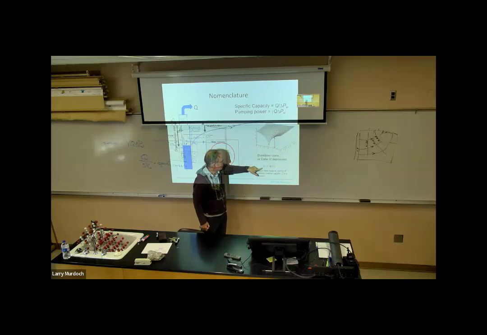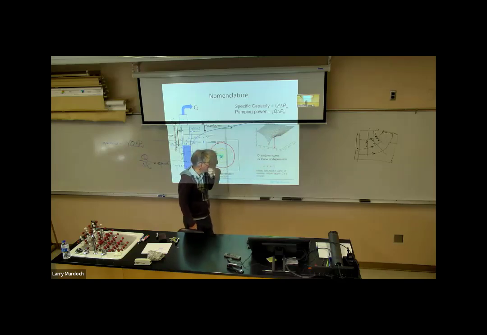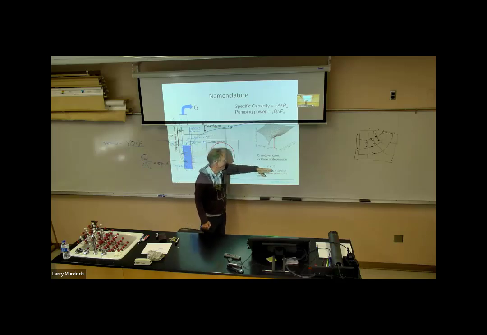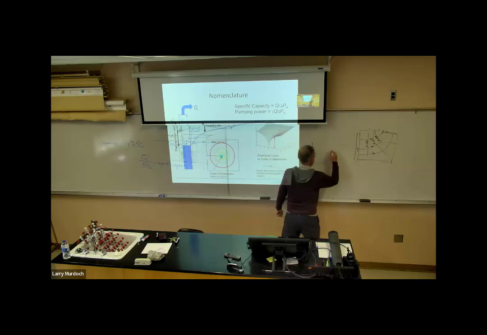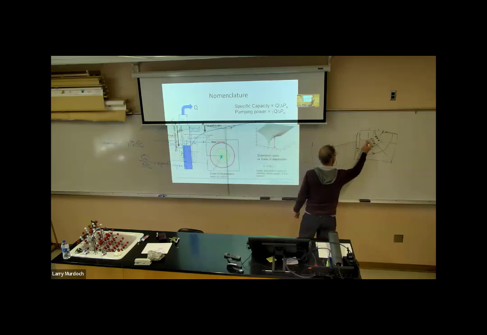The hydraulic head in the vicinity of a well at steady state, just a basic analysis, gives you that the hydraulic head varies as the natural log of the radial distance. So the natural log looks like that, right? And kind of keeps on going.